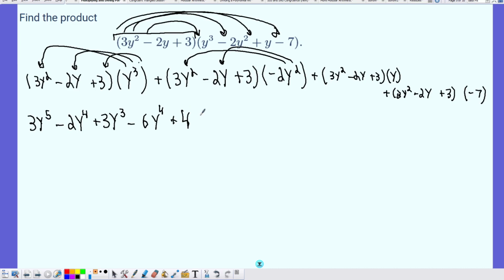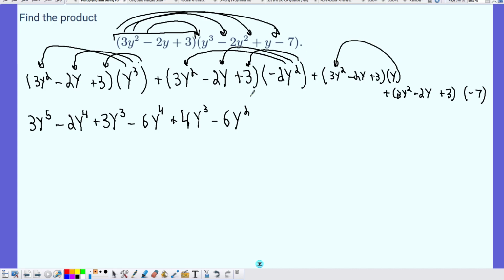And y times y squared is y to the third. Then negative 2y squared times 3 becomes a negative 6y squared. And we just keep on going.